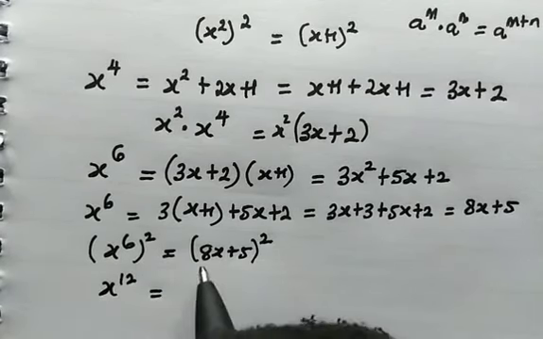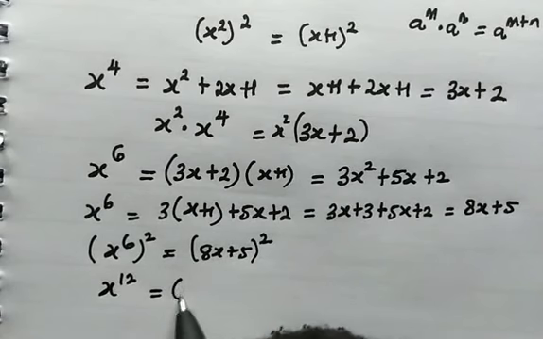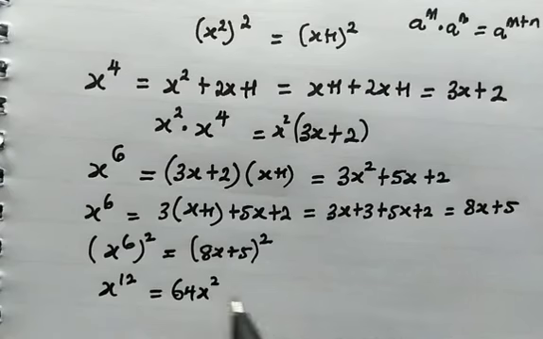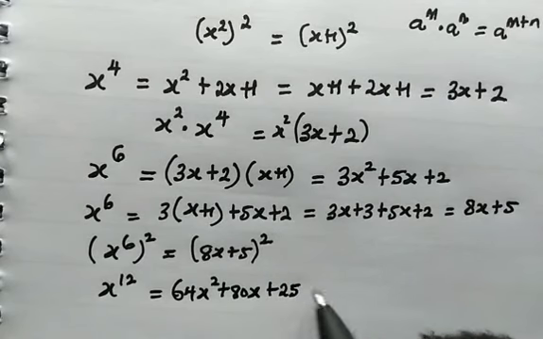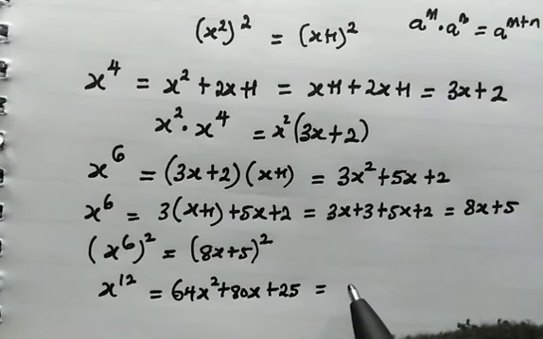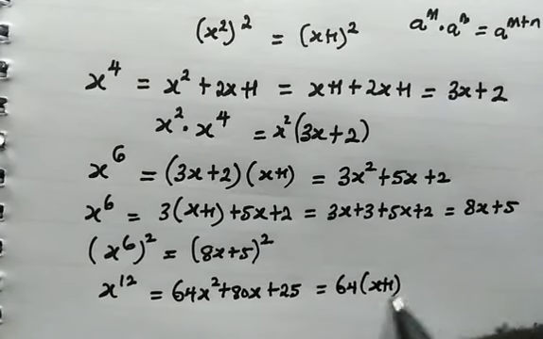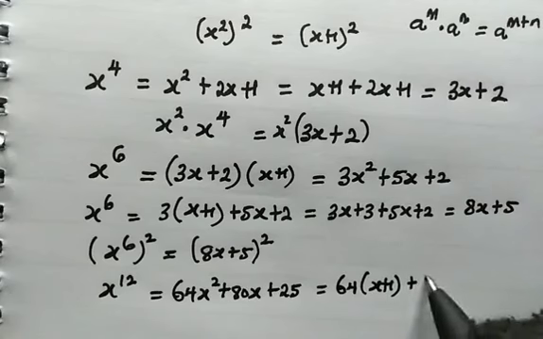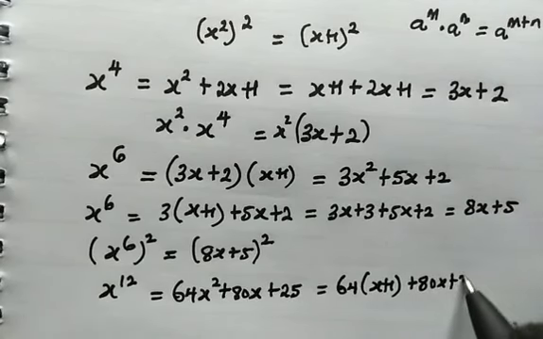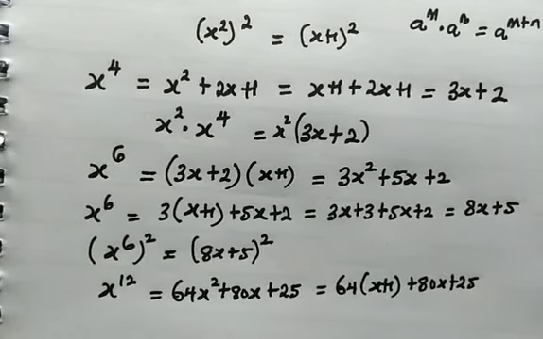This is equal to, if you expand this binomial, we have 64x squared plus 80x, then plus 25. Then remember that x squared in terms of x is x plus 1, so we have 64 into bracket x plus 1, then plus 80x plus 25.